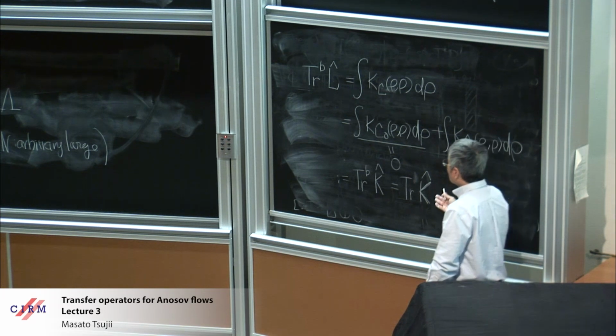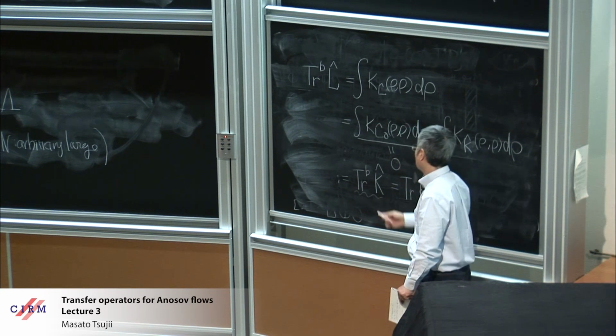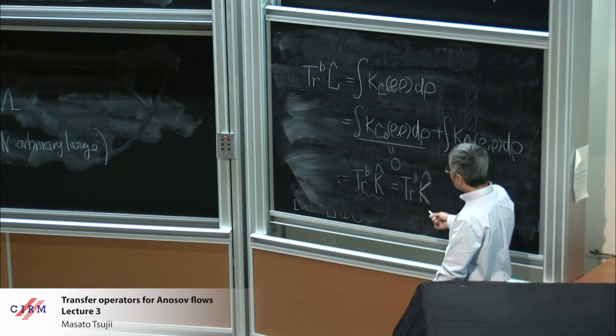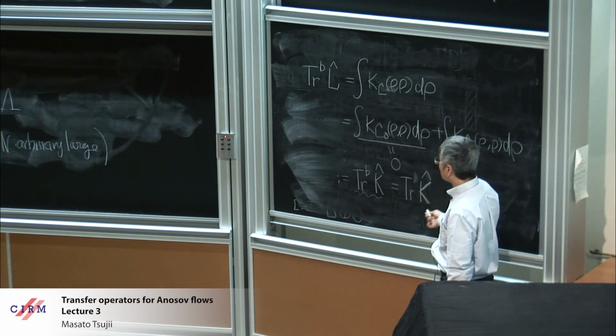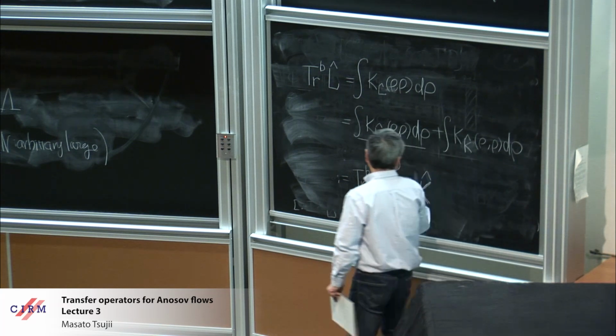One way of computing this is the flat trace. And once we have this, we can compute this in different ways, for example using the eigenvalues.